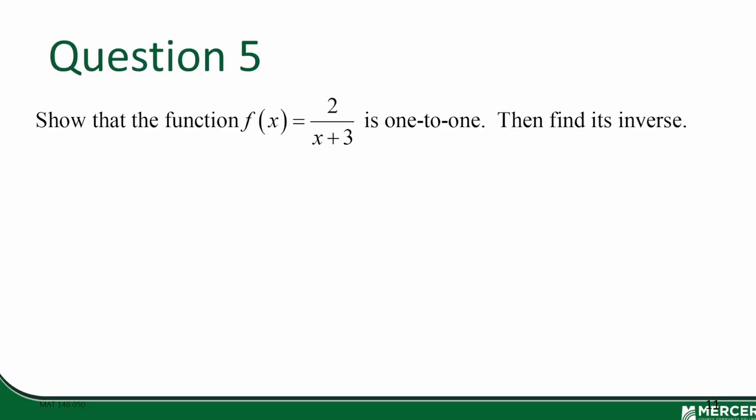So we've shown it's 1 to 1. Now we have to find the inverse. So let y be an element in the range. Another way of wording what I did before.